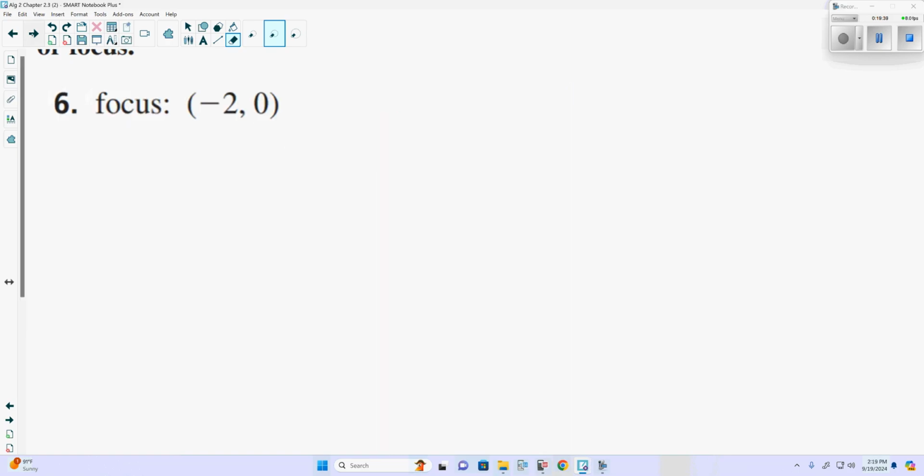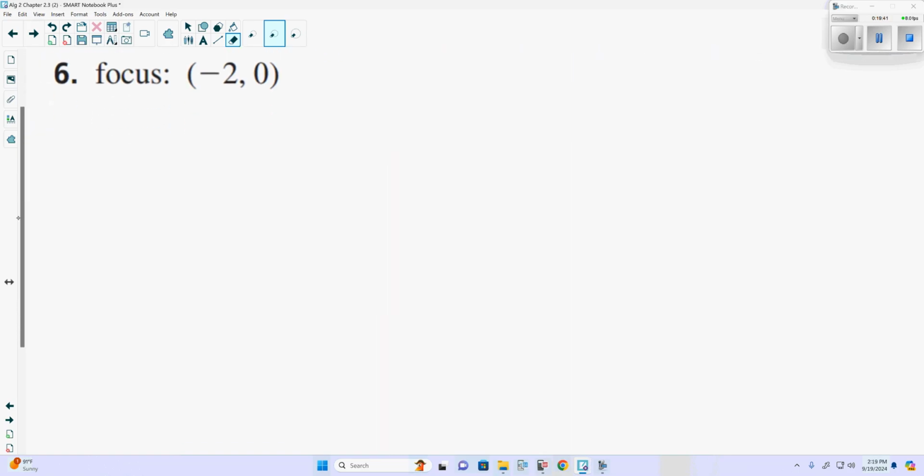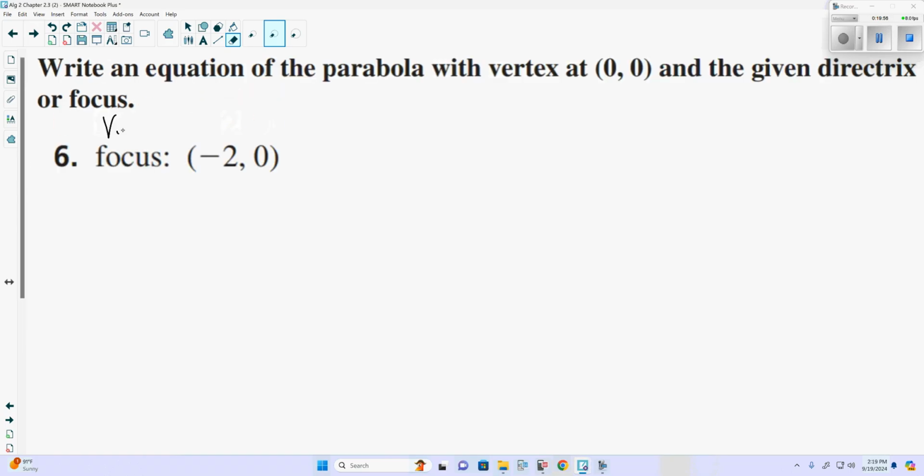Now, the next one, this one's the first one we've actually gotten with focus. All the last 3 have been directrix, yes? Now, directrix is nice because it pretty much tells us which one. It's either x equals or y equals. We have one or the other. Now, the vertex, again, is still 0, 0. Which one changed from the vertex to focus? h.